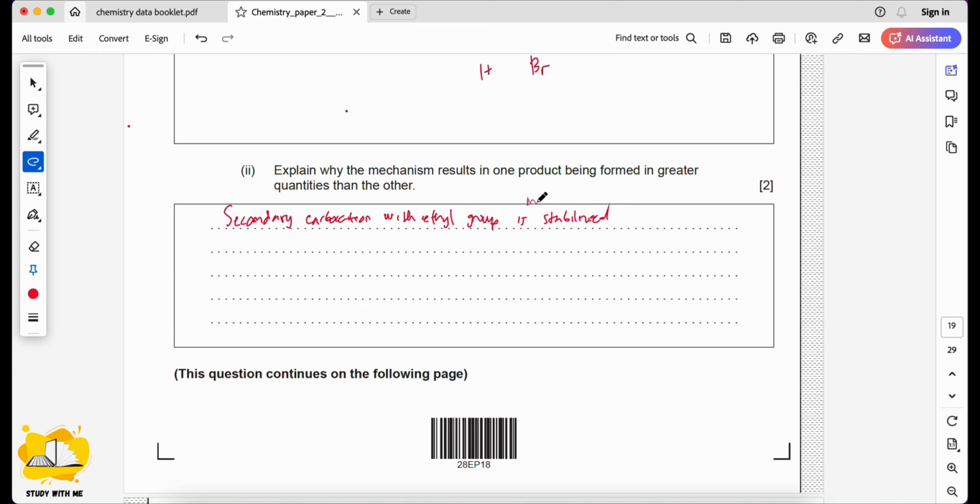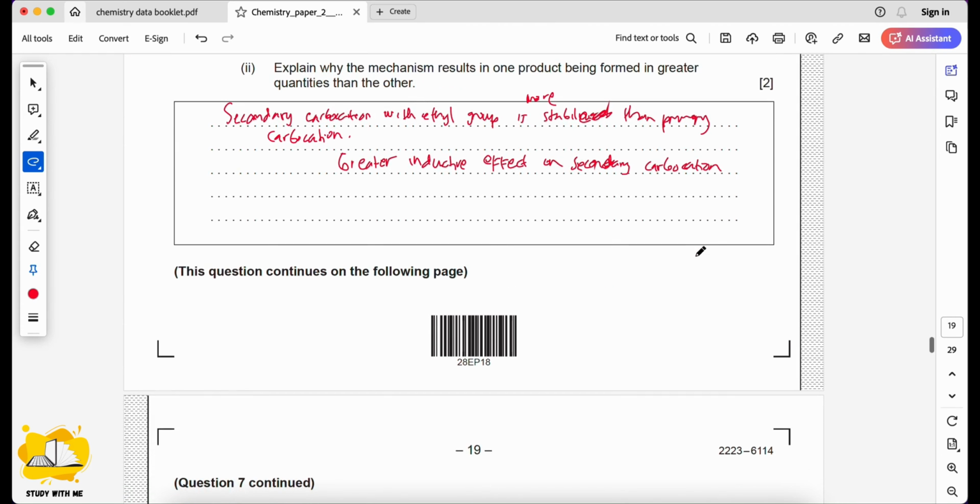It's more stable than the primary carbocation. Also, the reason is the greater inductive effect on the secondary carbocation.